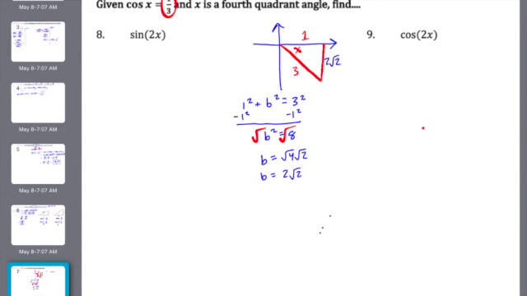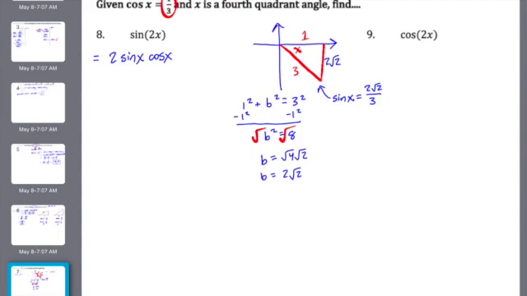All right. So why we had to find that is because we're going to need to know the sine value of this triangle. So off to the side here, I'm just going to write, based on what I found here, the sine of my angle x is going to be my opposite over my hypotenuse. So I'm going to need to use that when I figure out number 8 and 9 here. So you have a double angle formula, which says that the sine of 2x is equal to 2 times the sine x times cosine x.